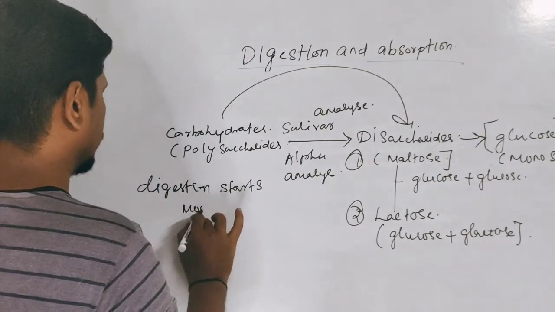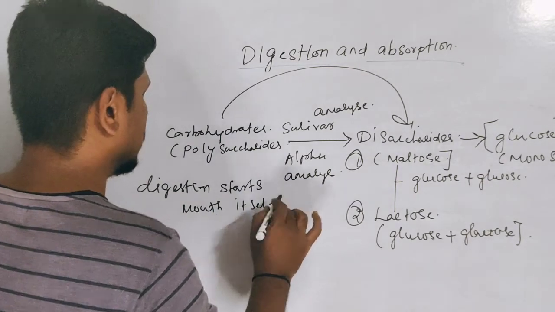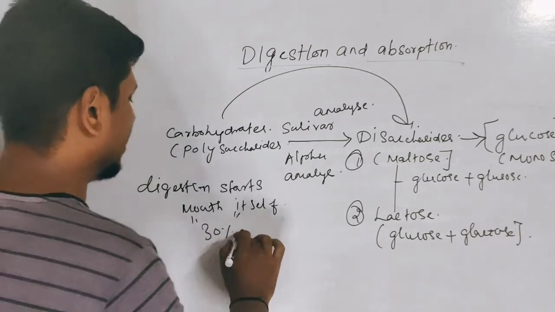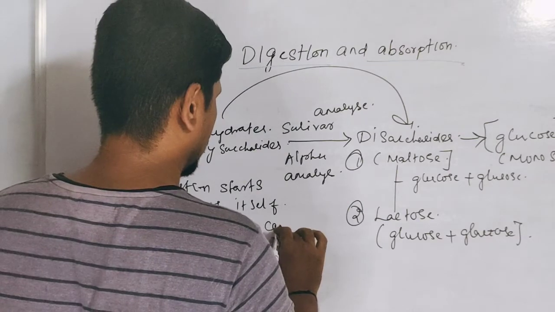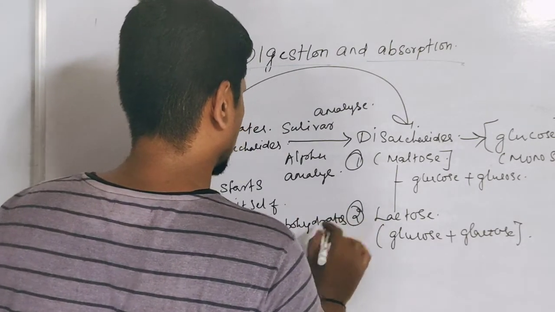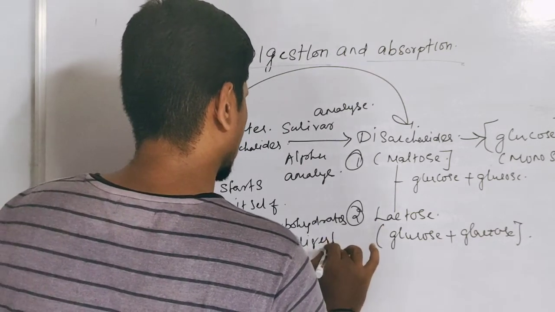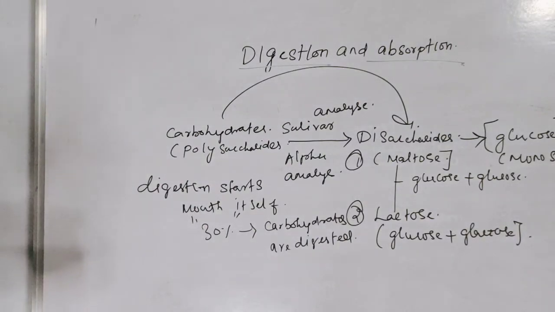See, around 30% of carbohydrates are digested in the mouth itself. Try to remember.